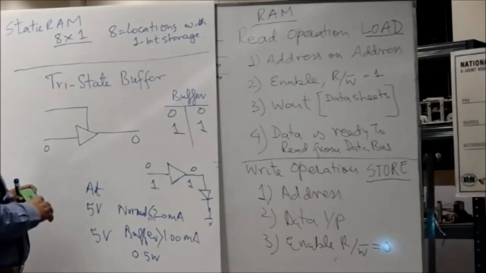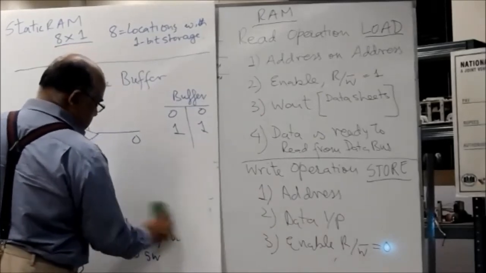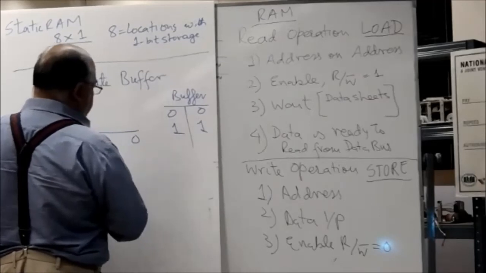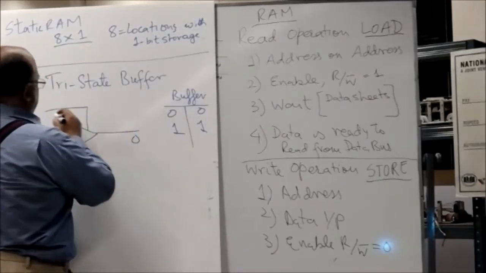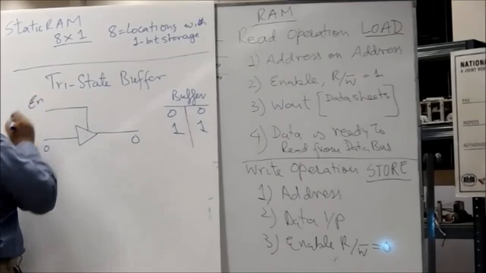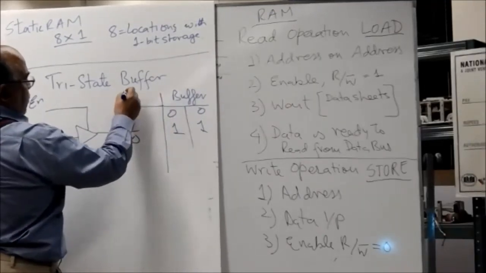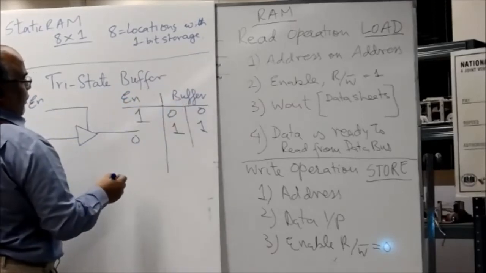A tri-state buffer has a third state, and that is enable. When enable is one, it acts like a simple buffer.